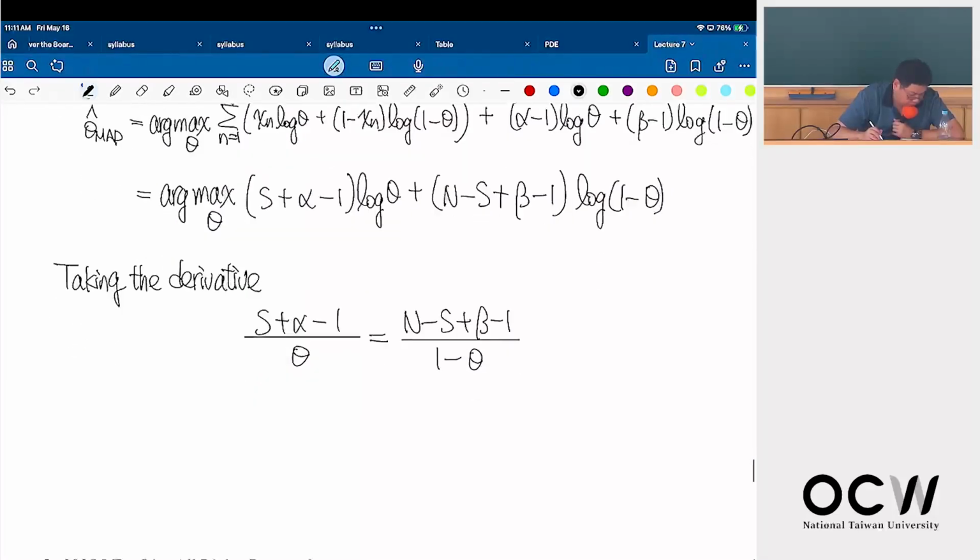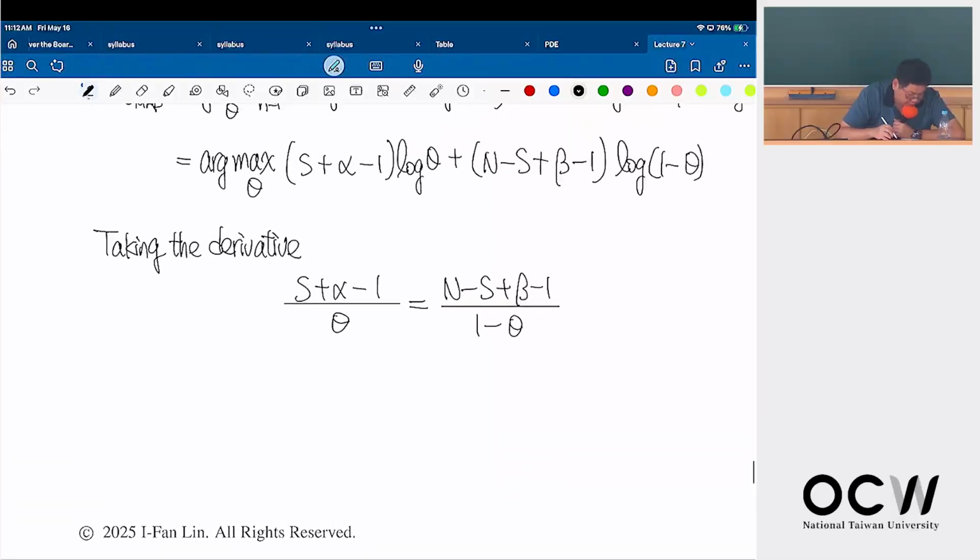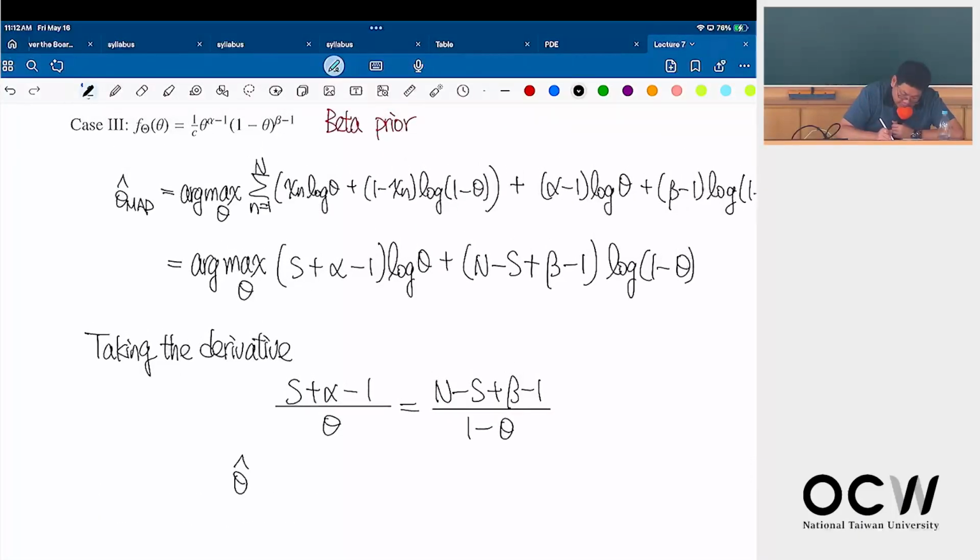So you can get theta as (S plus alpha minus 1) divided by (n plus alpha plus beta minus 2).